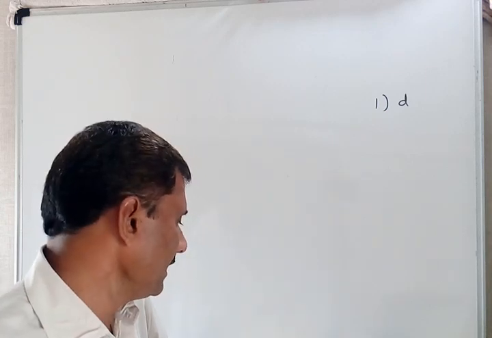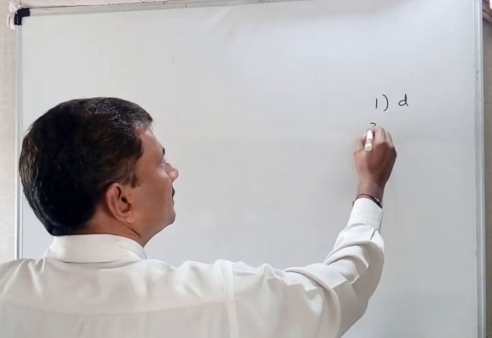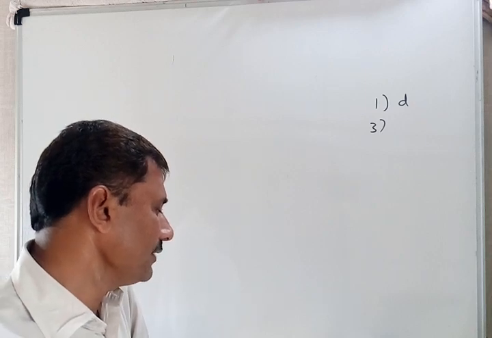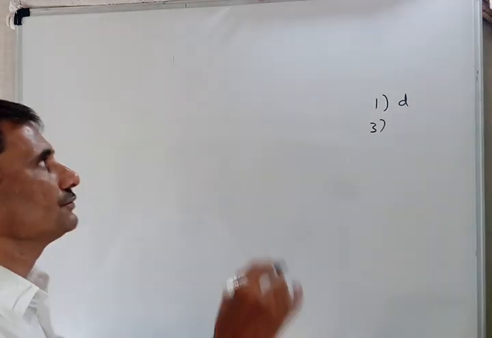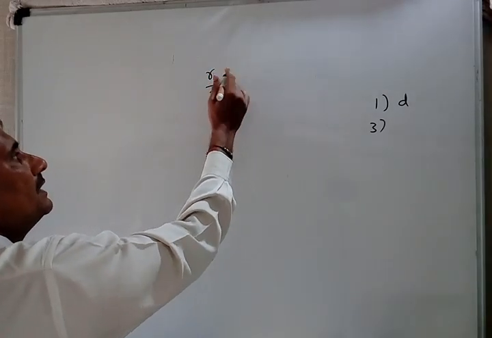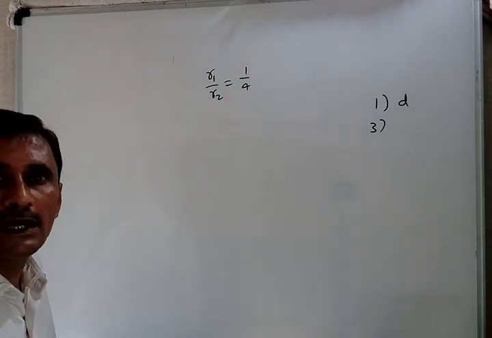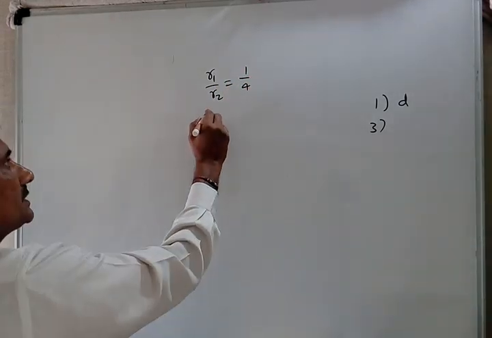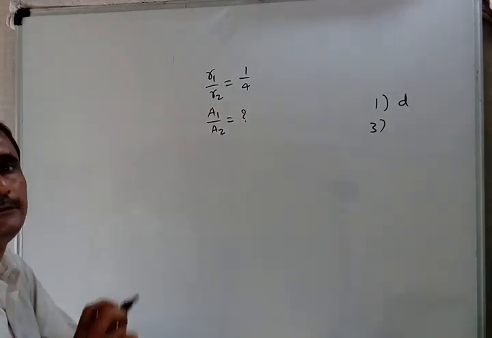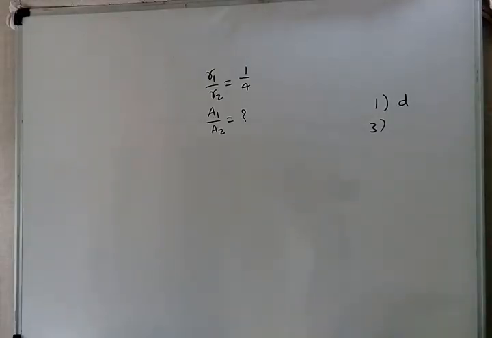Now look at number 3. The ratio of radii of two spheres is 1:4. Two different spheres are given, their ratio of radius is given as 1:4, and they are asking the ratio of their areas.